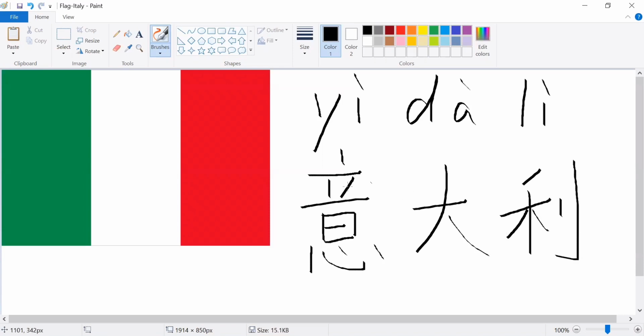Again, each character has specific meaning, but when they're put together, they only function as the name of this country. Okay, so they don't have specific meaning anymore when they're put together. They just mean the name of the country. Okay, 意大利 means Italy.